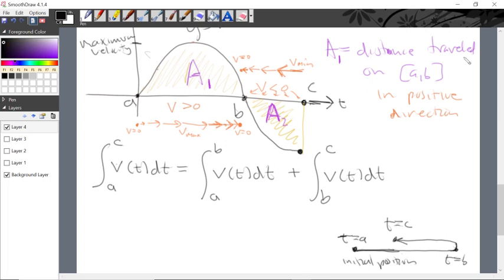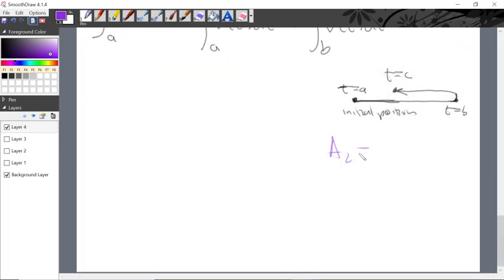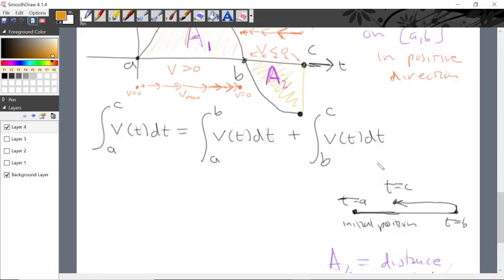So whereas a1 is the distance traveled in the positive direction, okay, then we also have that a2 is going to be the distance the object traveled in the negative direction. a2 being distance, meaning non-negative.